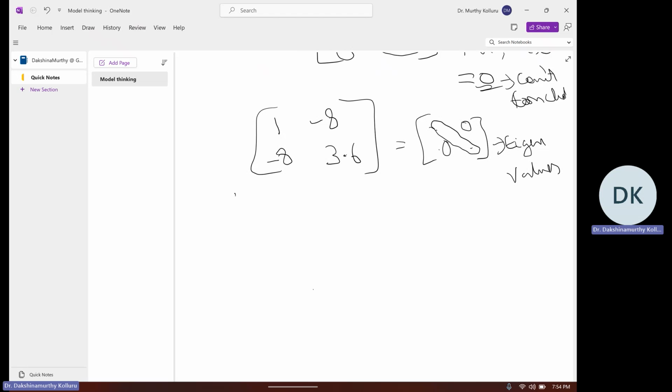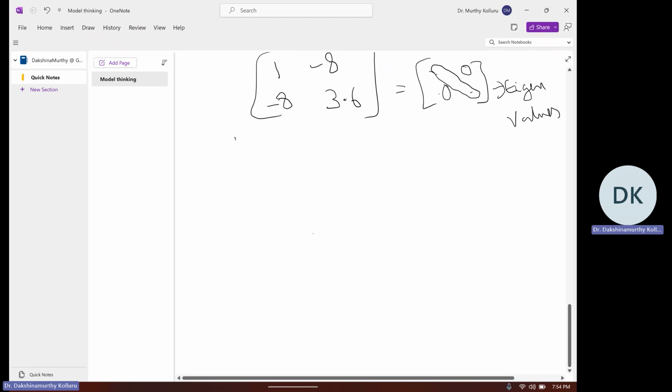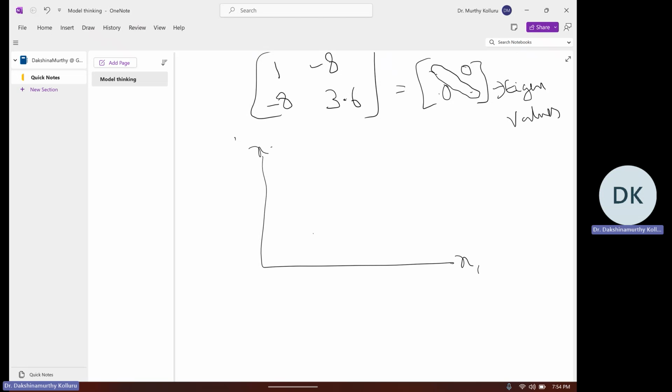Someone was asking me in the class about the intuition behind eigenvalues. The way you can understand eigenvalues is take a coordinate system, x and y axis, x1, x2, let's say. A point here will have x1, y1 coordinate, another point here, x2, y2. Now let's take a matrix representation. Let's say there is a 2 by 2 matrix, and I multiplied it with x1, y1, which is a 2 by 1 matrix.